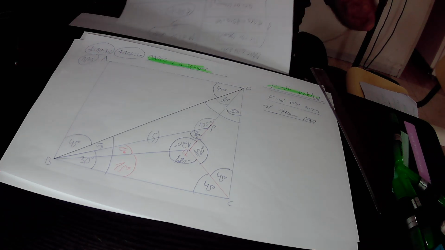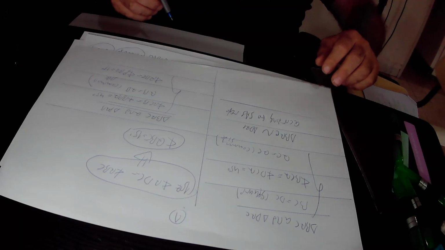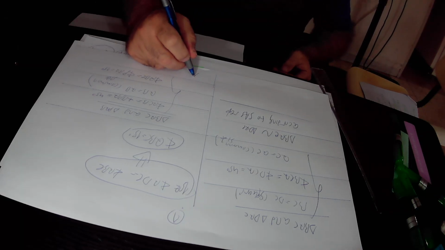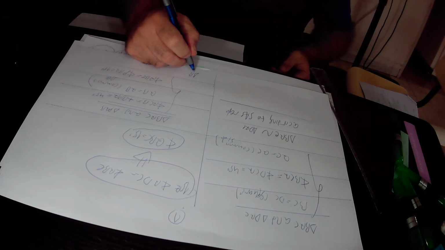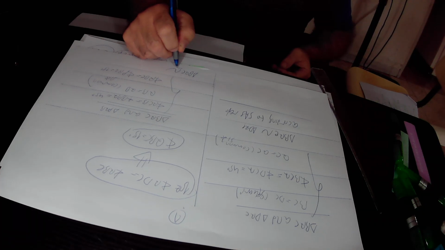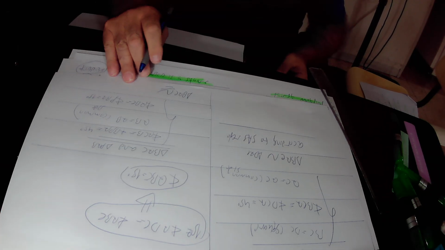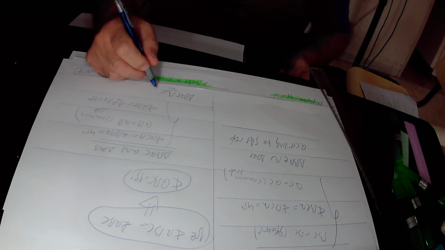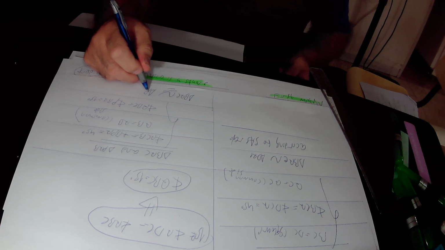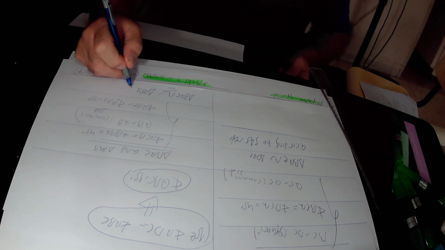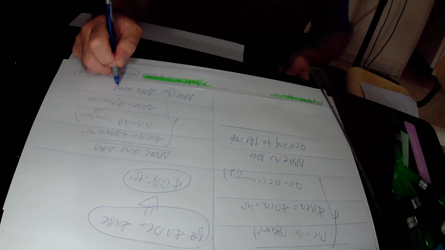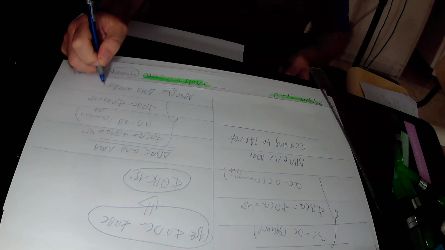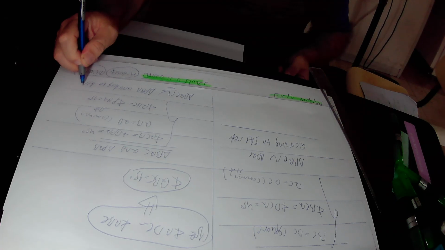So we found out that triangle BQC is congruent, this is the sign of congruence, to triangle PBQ according to the angle side angle rule.